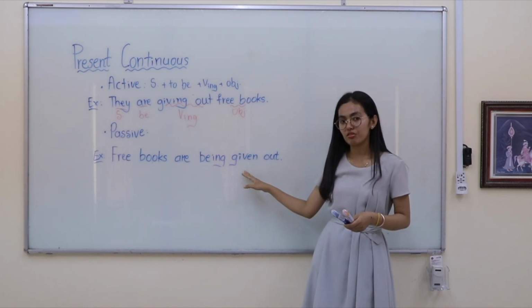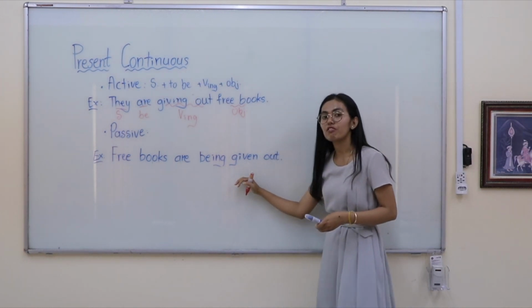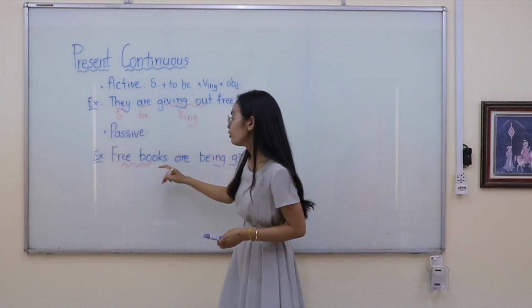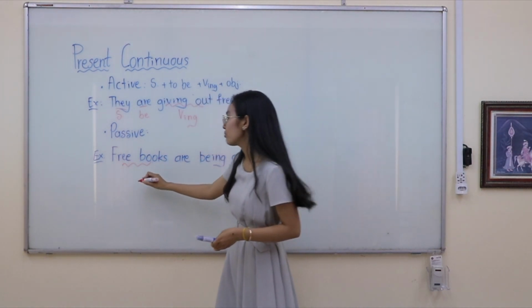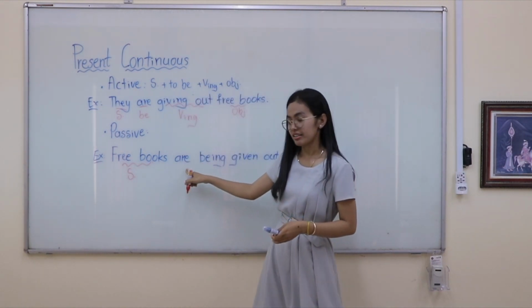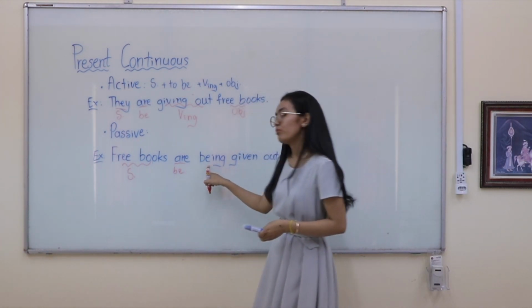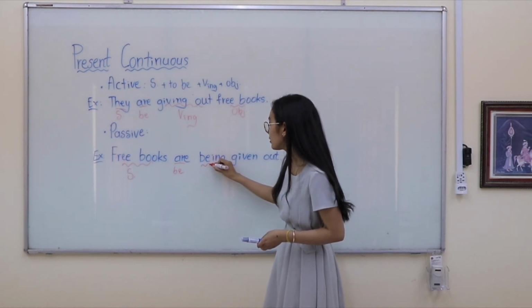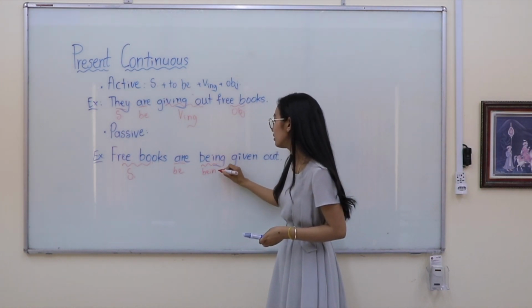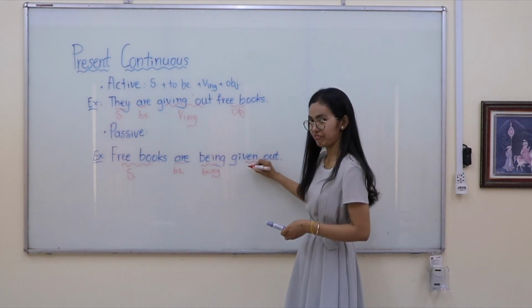Looking at this sentence, we have a new formula of continuous passive. This one, which was formerly an object, has now become a subject. To be stays the same. We add "being" to help. And then "giving" has become verb 3, "given."